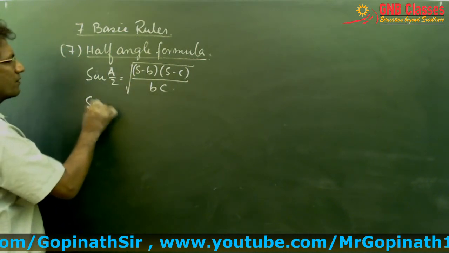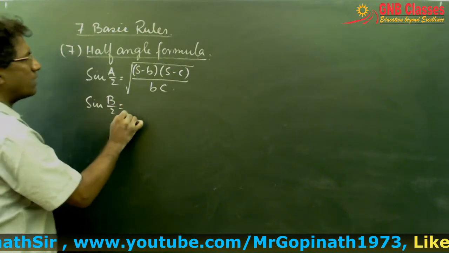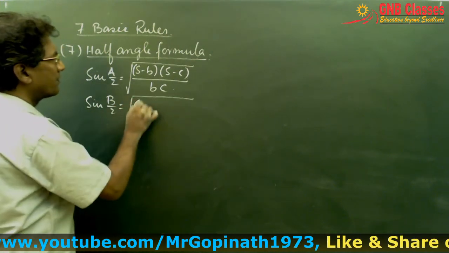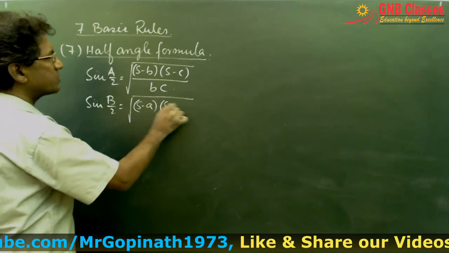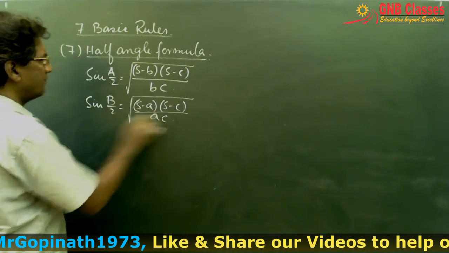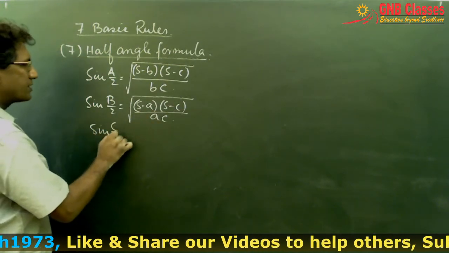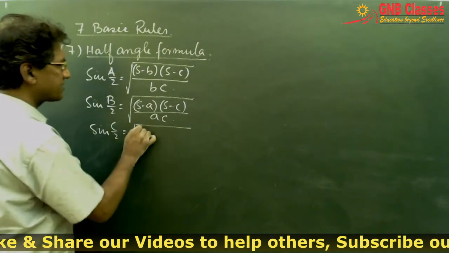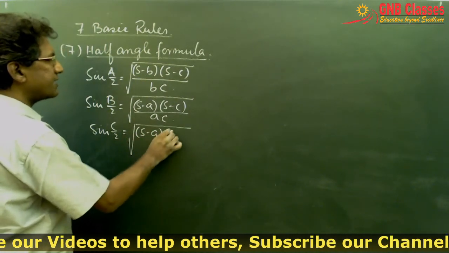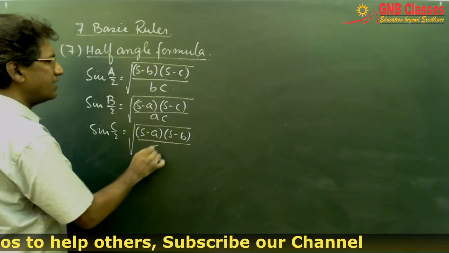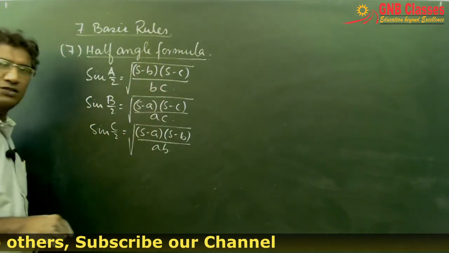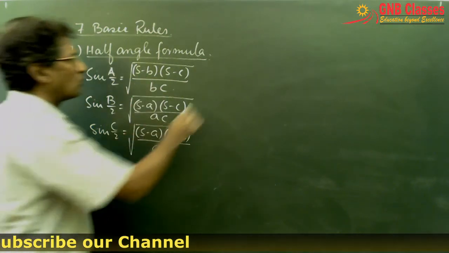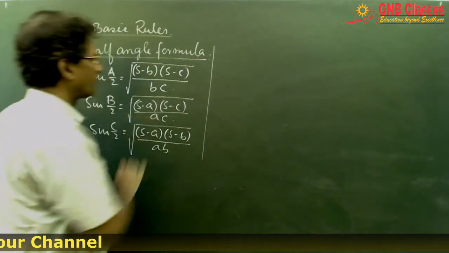Similarly, sine B by 2 can be written as s minus a into s minus c divided by ac. Sine C by 2 can be written as s minus a into s minus b divided by ab. We have to remember these formulae. Now, let me prove one.